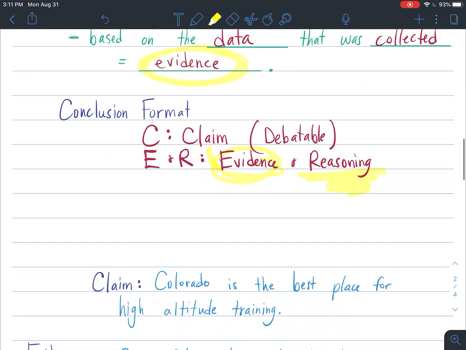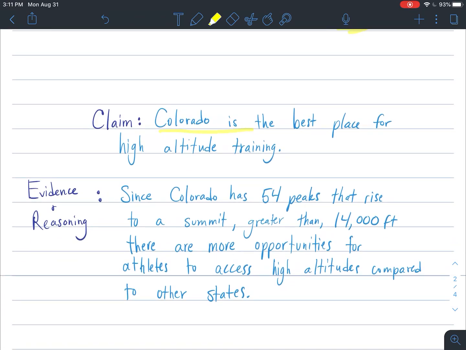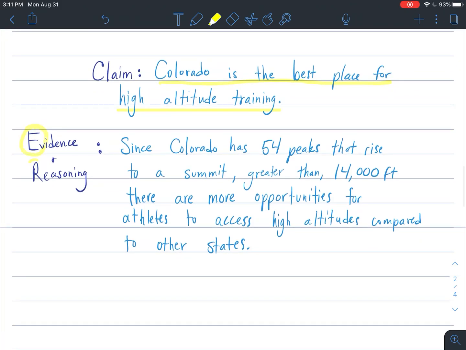So I want to give you an example of what this means. My claim: Colorado is the best place for high altitude training. Well, yeah, you could debate me on that, so that's a claim. That works out. I said it is the best place for high altitude training. Now let's take a look at my evidence and my reasoning. Here we go. Since Colorado has 54 peaks, there's some quantitative data.